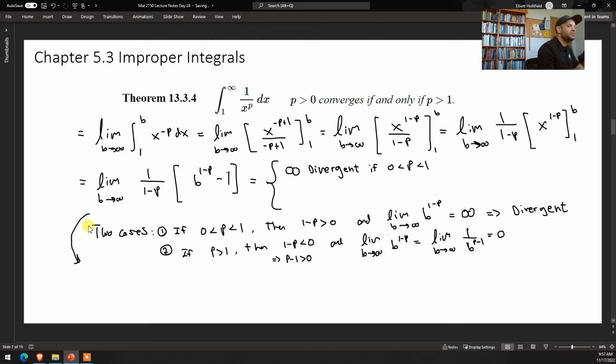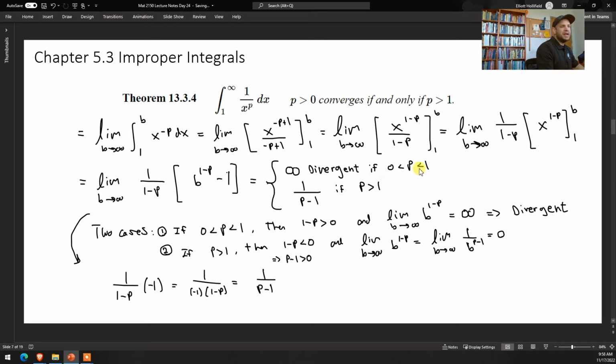Now this term goes to 0, and we have 1 over 1 minus p times negative 1, which we can rewrite with that negative 1 down here. And so that's equal to 1 over p minus 1. That's when p is bigger than 1.